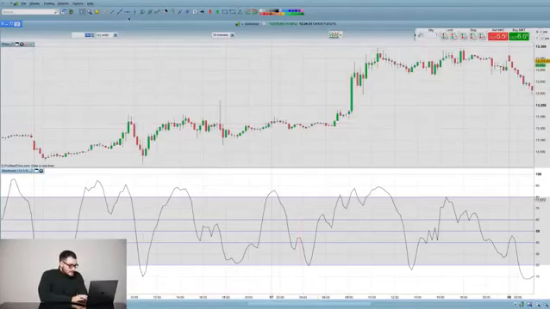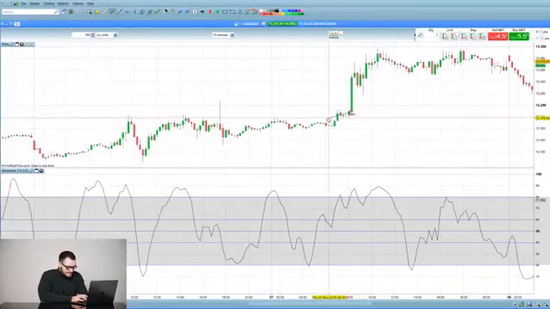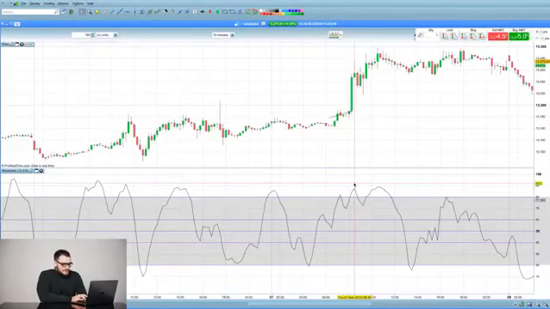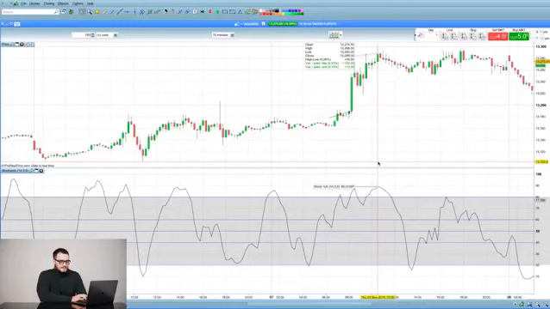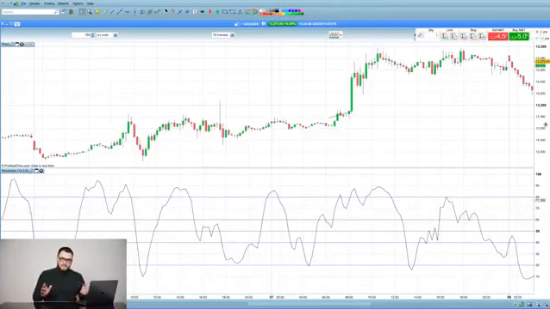Now, as for the levels, so let's say we believed this hook right here, and we wanted to enter into climbing. Our entry would have been at the beginning of this candle. So where would our level be at which we would no longer believe our decision of going into climbing or going into a long position?